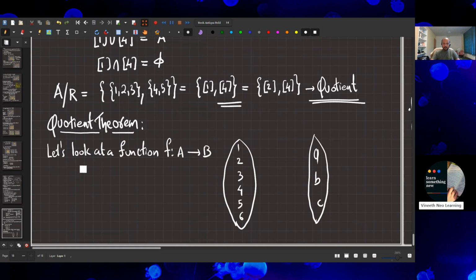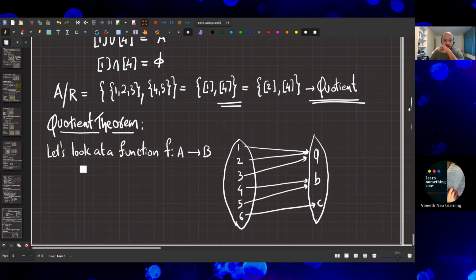Let's map 1, 2, and 3 to a, 4 and 5 to b, and 6 to c. You can take any function, it doesn't matter. I just took an arbitrary map. This is A and this is B, and this function is f.